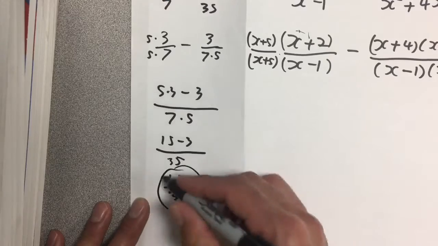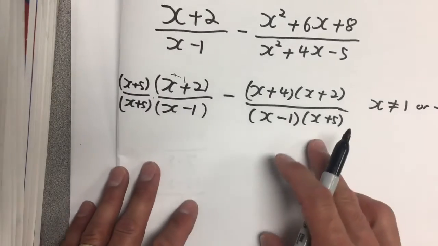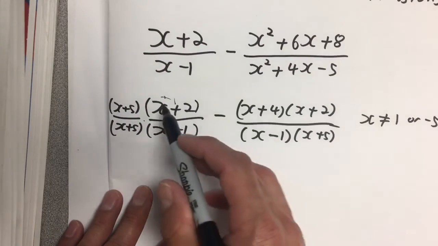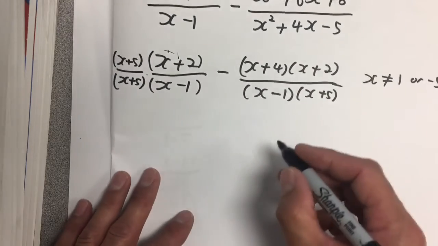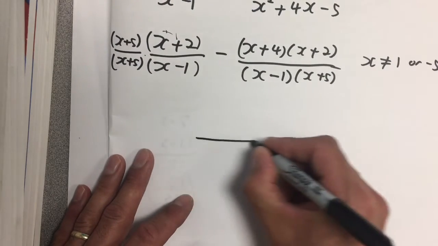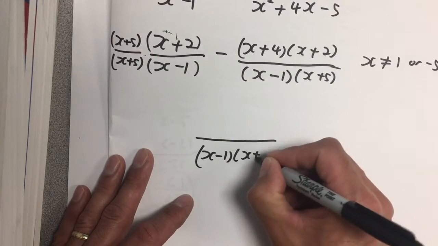I'm going to do exactly the same thing, but just with these polynomials. So remember the first step, we're going to write the difference of the numerators, that's the tops, over that common denominator. So our common denominator is (x - 1)(x + 5).